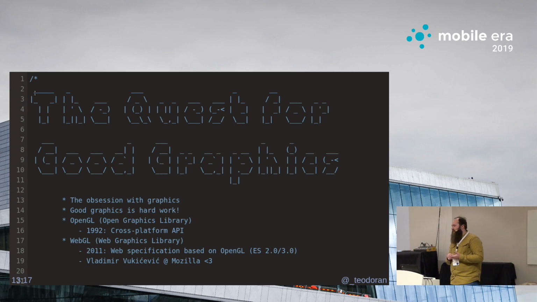With dedicated hardware, we had the problem that we needed to program it in a special way. And after a while, OpenGL arrived. It was an API for writing software that was going to run on a GPU and make a nice image. If we go forward a couple of years more, we ended up with WebGL.